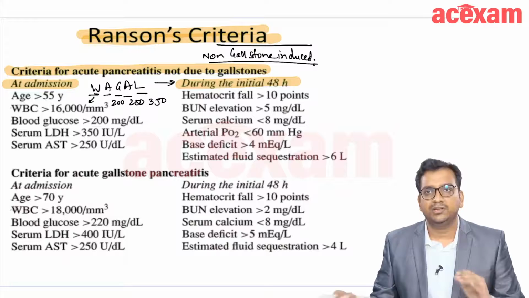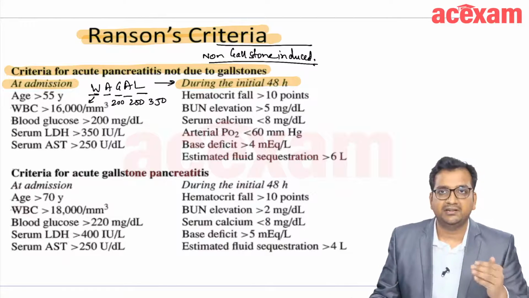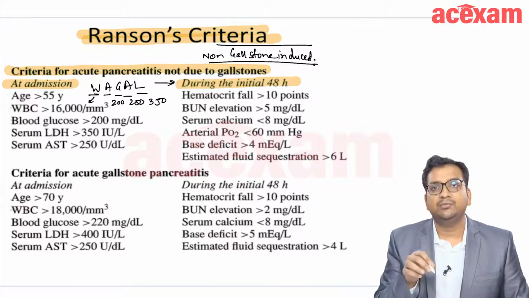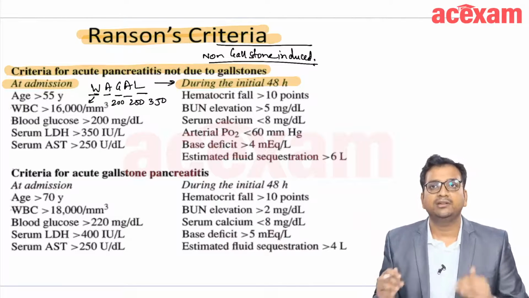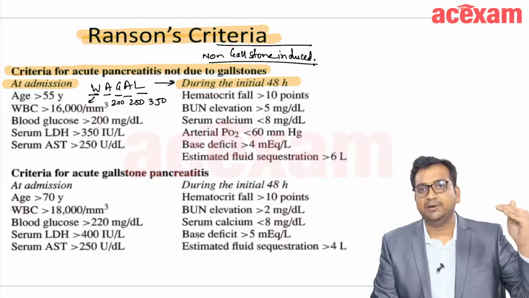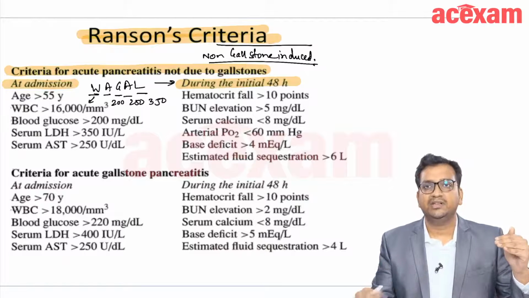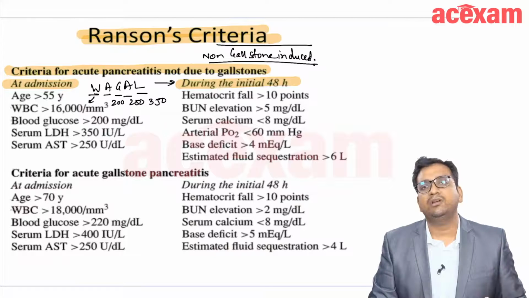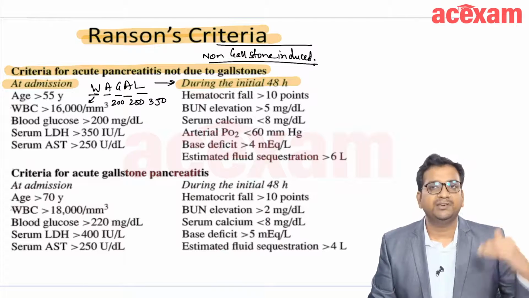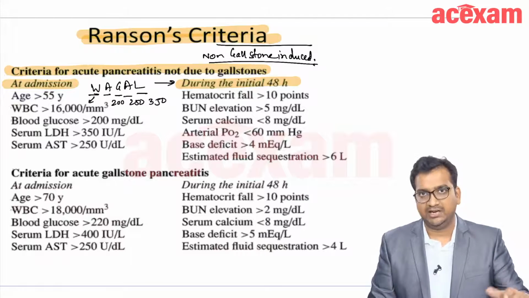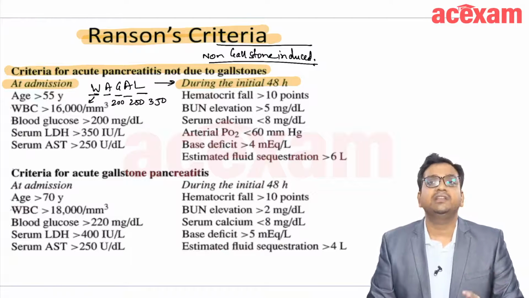So this way you will be able to understand whether a value should be more than or less than the cutoff. Suppose the patient has a very high hematocrit and is very dehydrated. On giving fluids within 48 hours, if the hematocrit fall is more than 10 points, this means the patient was very dehydrated and has a very severe pancreatitis.